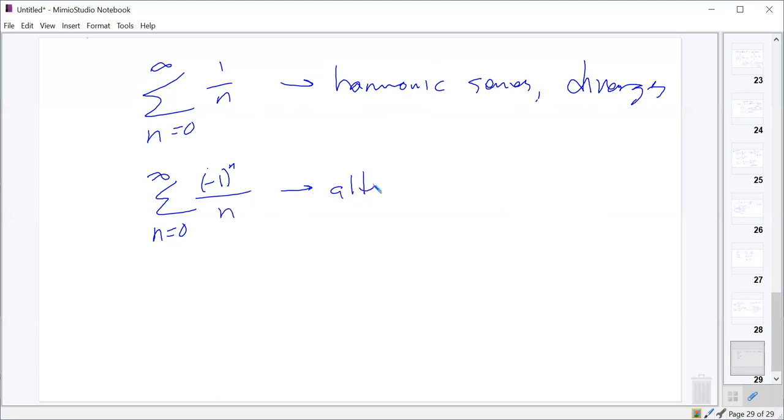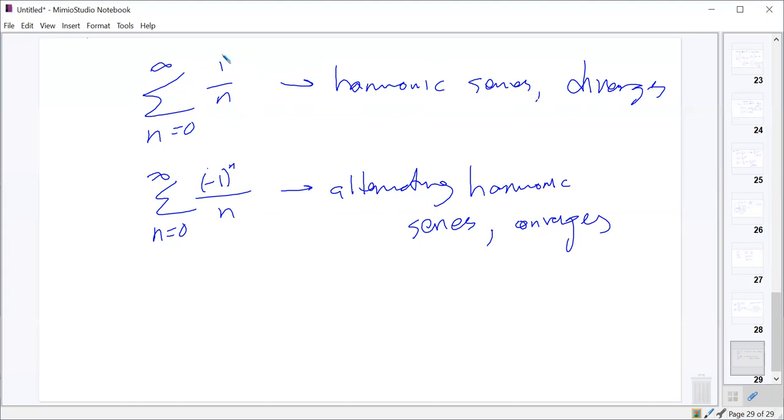This is the alternating harmonic series, and this one converges. And we would note that it converges conditionally because the absolute value of it, which is this 1 over n series, diverges.